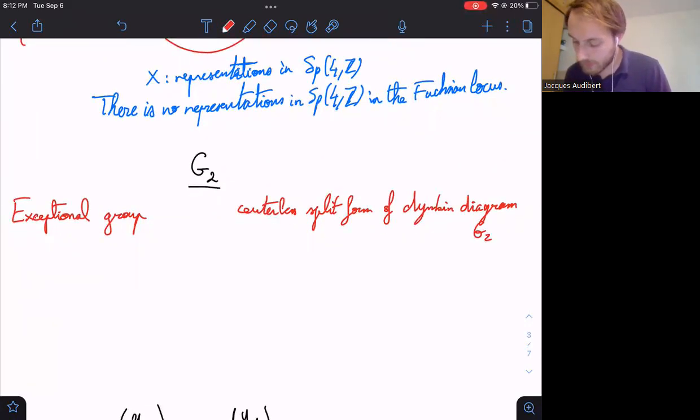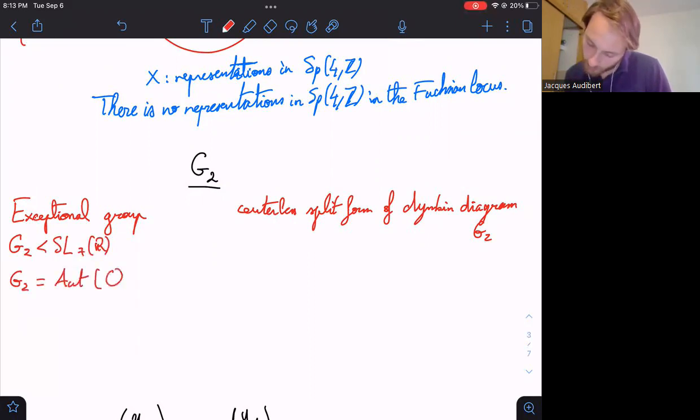It's actually a subgroup of SL7R, and it is the automorphism group of an algebra, which is an octonion algebra. So let me explain what an octonion algebra is.